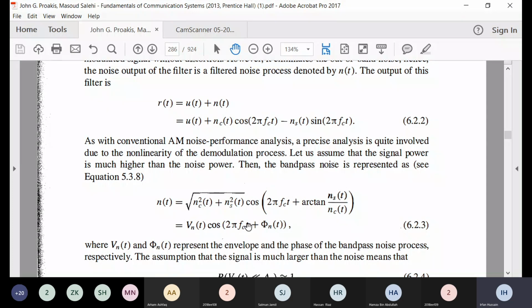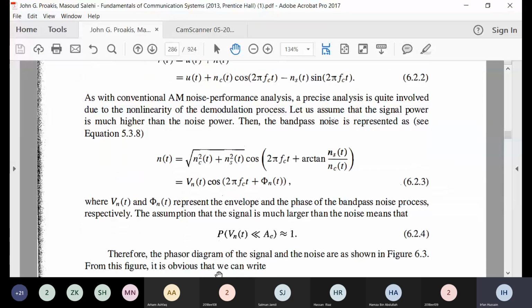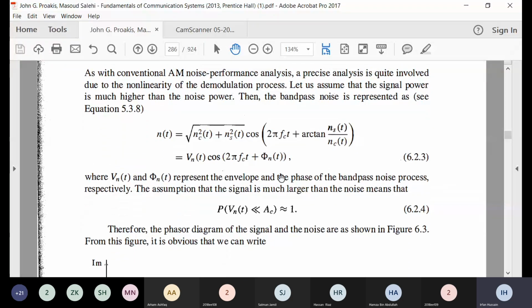Now, what is V_n(t)? V_n(t) will now be the envelope of the noise, and phi_n(t) will now be the phase of the noise. And what is this noise? This is the band pass noise process. And yes, we assume that the signal amplitude is much greater as compared to the envelope of the noise, or the noise amplitude. Or you can say the carrier amplitude is much greater than the noise amplitude.